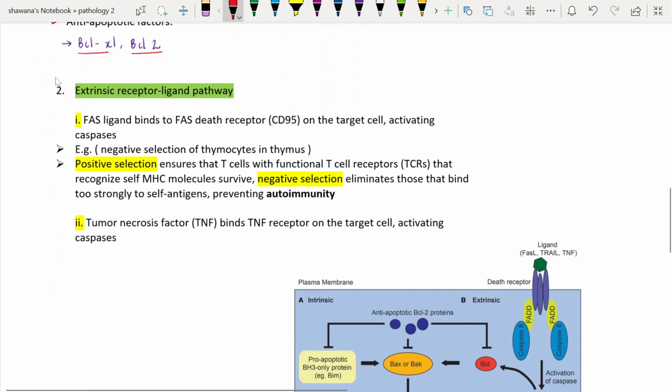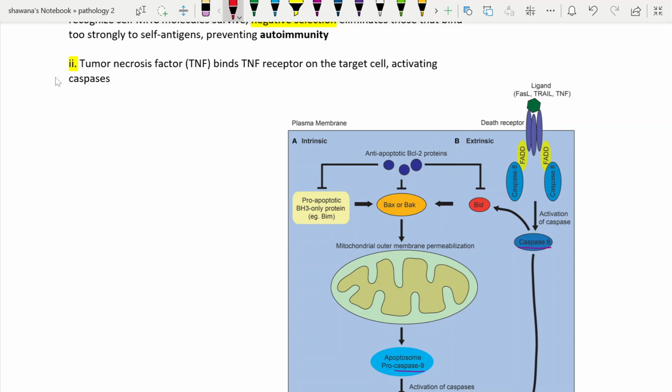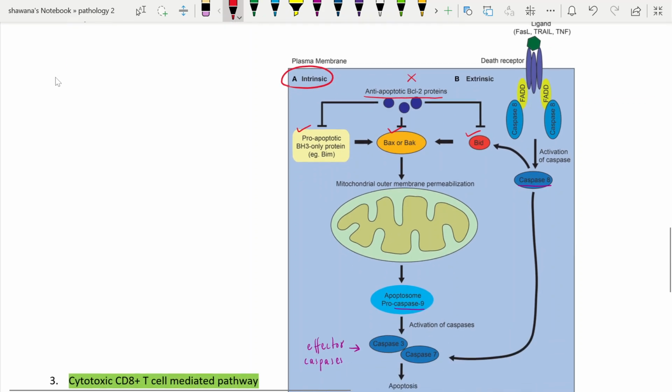Okay, coming to the diagram, this is the intrinsic mitochondrial pathway. Anti-apoptotic proteins are inhibited, right? So pro-apoptotic proteins, BAX and BAK, and BID is also pro-apoptotic, are activated.